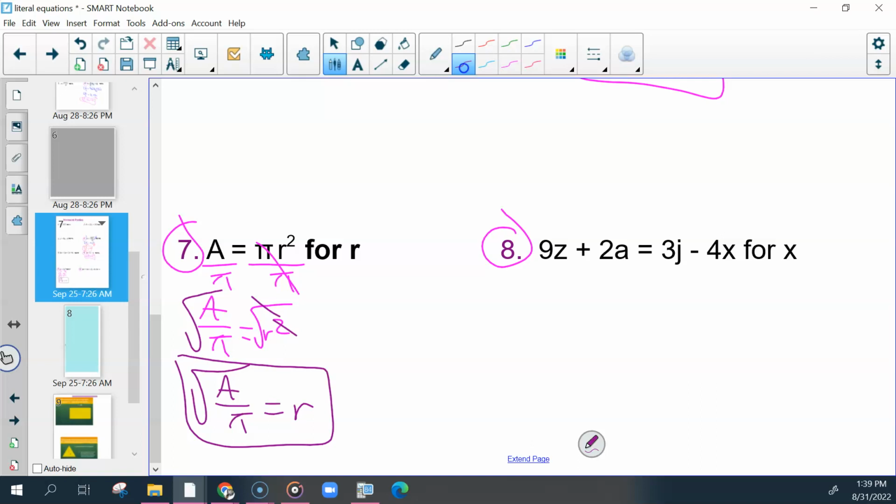Right. And then we are solving for x. So we need to really get rid of 3j and negative 1. What would we do first? You subtract 3j. But when we do that, nothing here has a j, so we're really just moving it. If you wanted to, you could rearrange this so it's in alphabetical order.